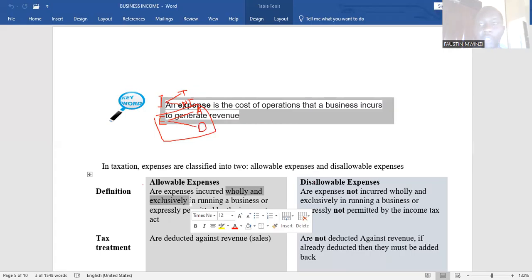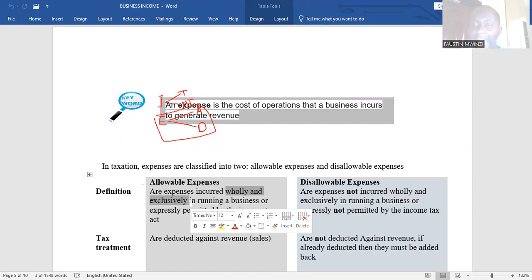Like if you're running a business as a supermarket, there must be employees. You must have employees to run a supermarket. You must pay the rent if you don't own the building. You must pay for transport of these goods to be brought to your store. There's no way you'll be able to run that supermarket without incurring such expenses. You should be able to judge yourself that in the nature of a supermarket business, you must incur expenses like rent and the purchase of the goods.